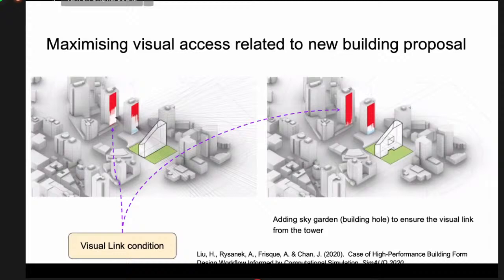So we can test our design. For example, this is the first design here, and the second design has a hole in it, which could increase the visual connection to the surrounding area from the two buildings at the back. So this kind of evaluation can really give us justification of why we choose that kind of design.